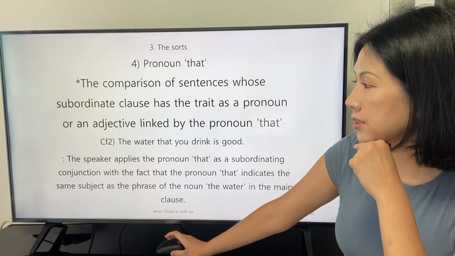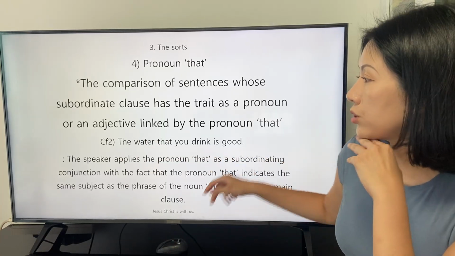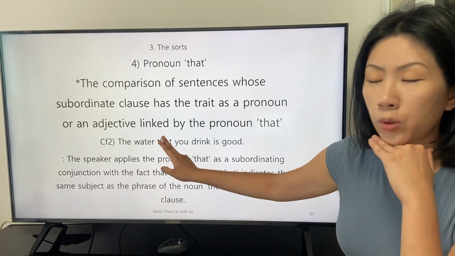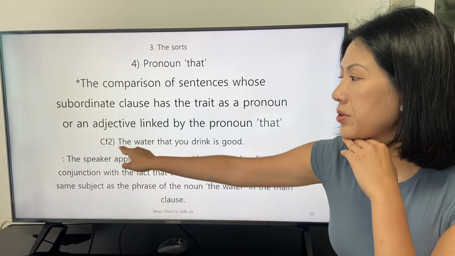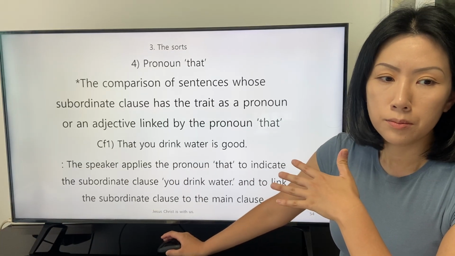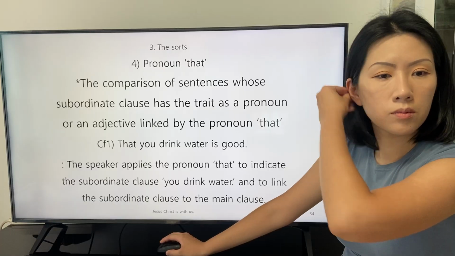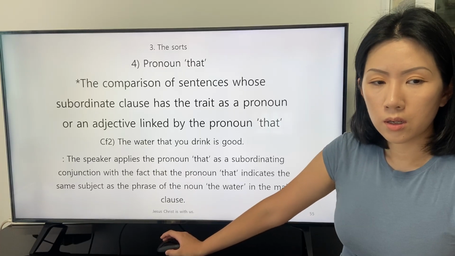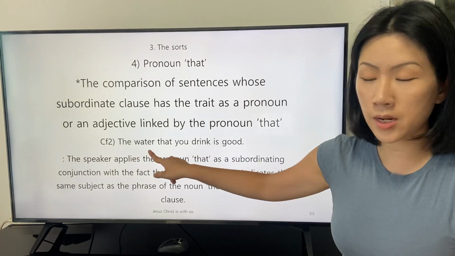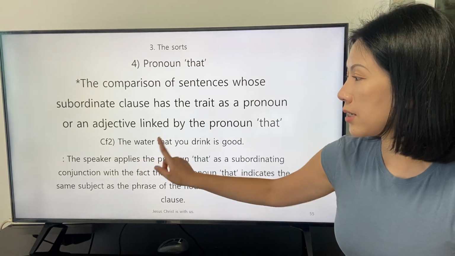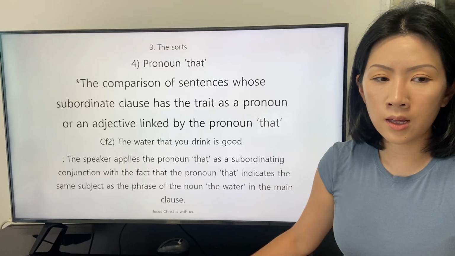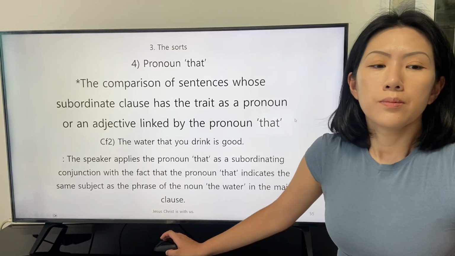And the second example is this: the water that you drink is good. In this sentence, the speaker applies the subordinate clause to describe the precedent in the main clause, the water. The be verb describes the precedent of the main clause, the water, described by the subordinate clause. And let's read the explanation.